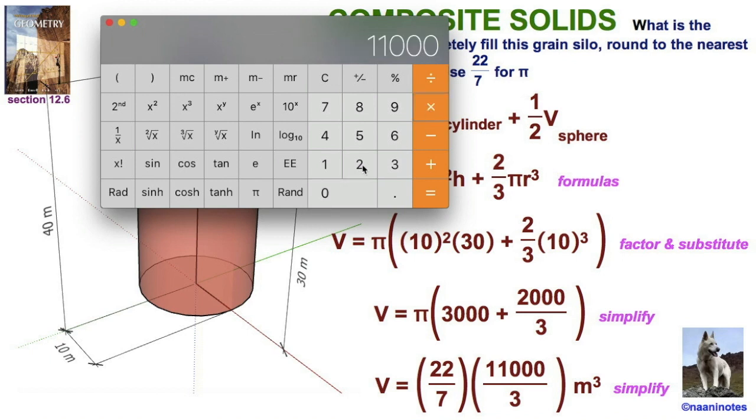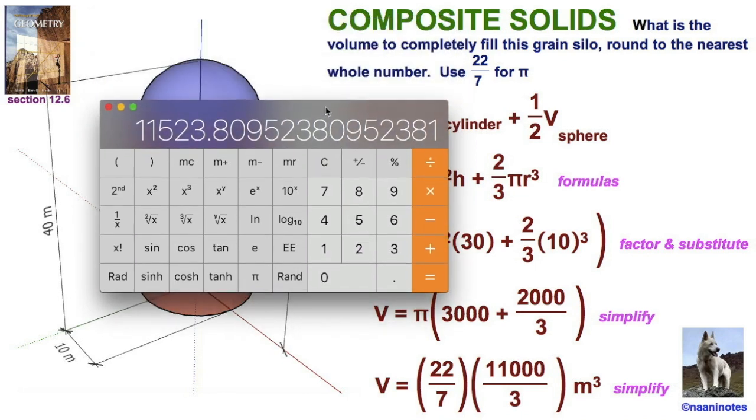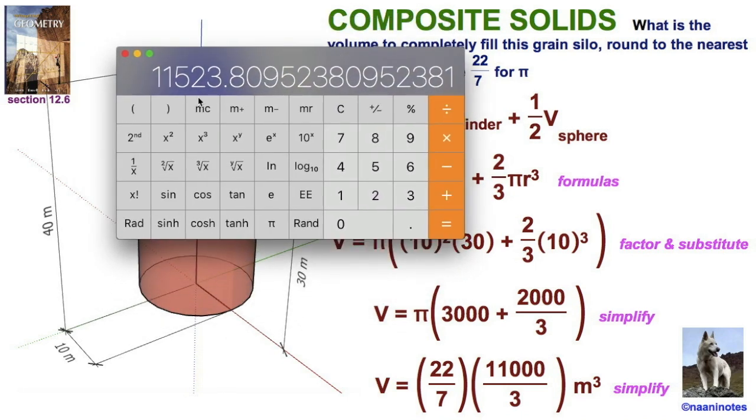So remember, times 22 divided by 21, or divide by 7, divide by 3. And there you go. Round it to the nearest whole number. In this case, we're going to have 11,524 in our hypothetical example.